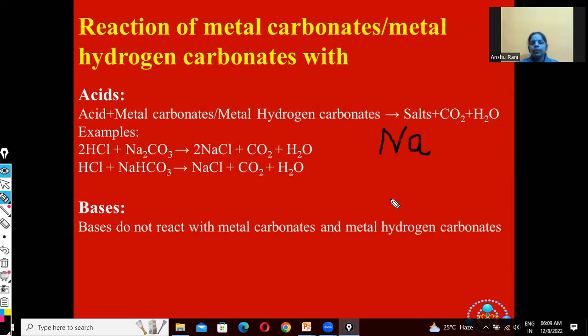Na2, out of CO3, CO2, carbon dioxide gas will liberate, leaving behind one oxygen atom. Along with this, we take two HCl molecules. Now see how they will react.